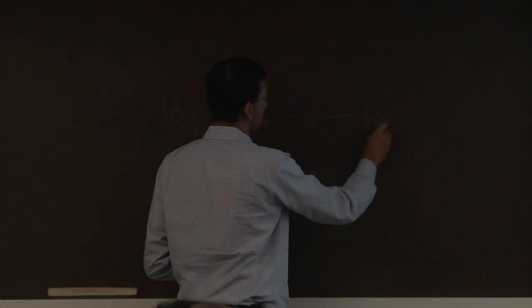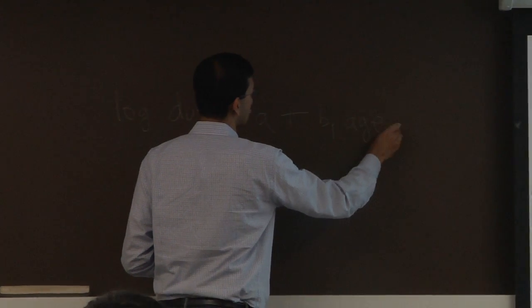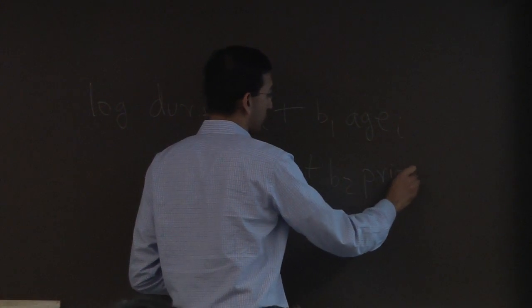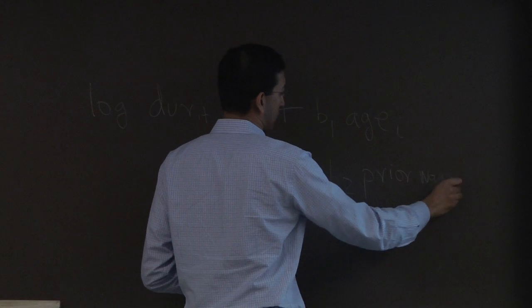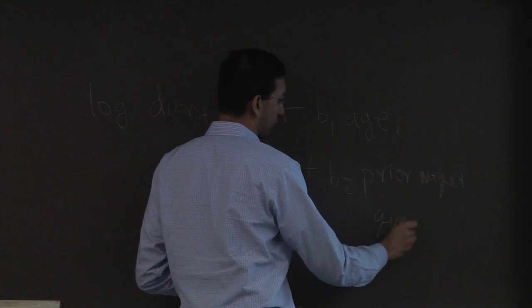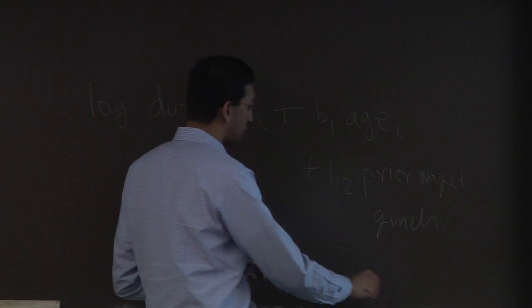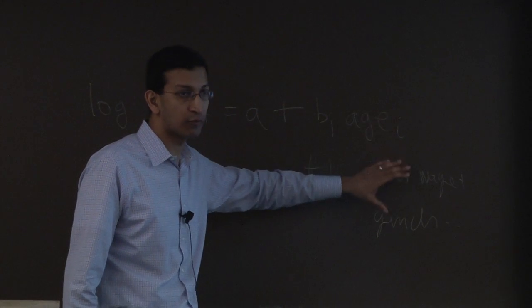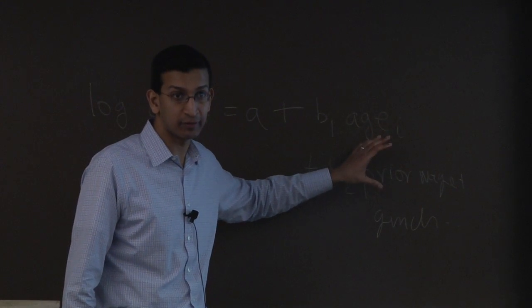So it would be like B1 age plus B2 prior wage, gender, et cetera, right? Okay, so then you only use the observable predetermined covariates, not the treatment.